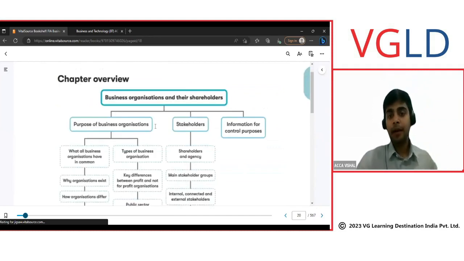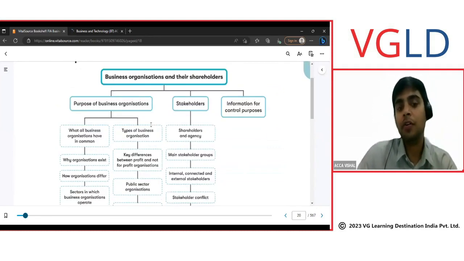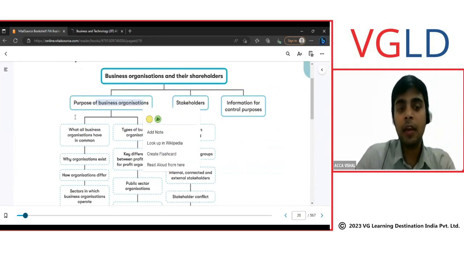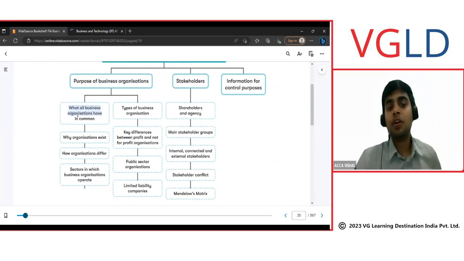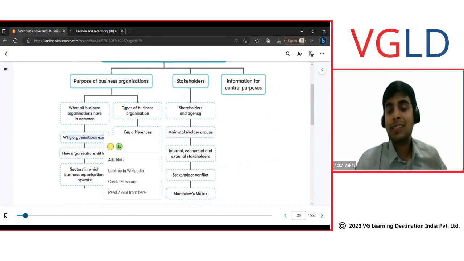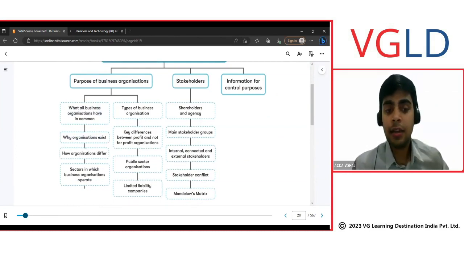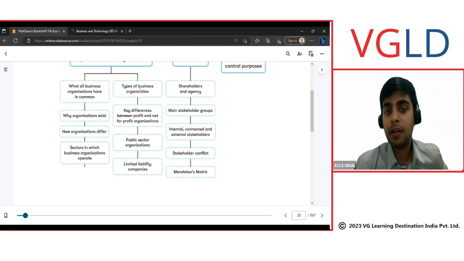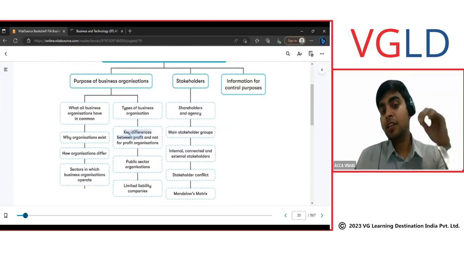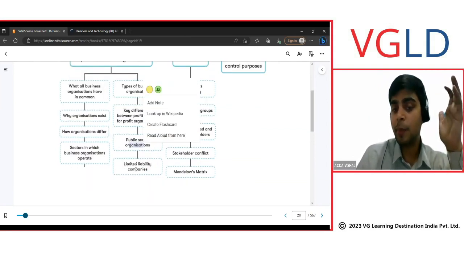This is basically an overview for you of the topics we are going to cover. First of all, we'll cover the business organization, then what business organizations have in common, why business organizations exist, what makes one organization differ from another, the sectors in which business organizations operate, and types of business organization: the difference between a profit and non-profit organization, a public sector organization, and a limited company.